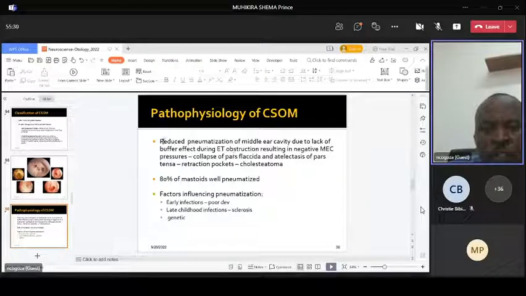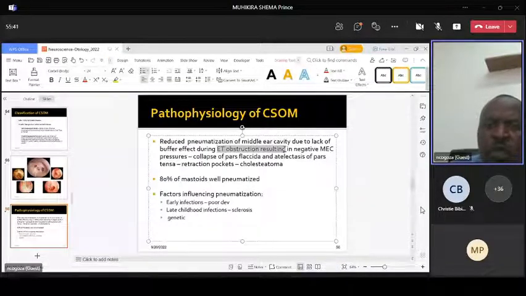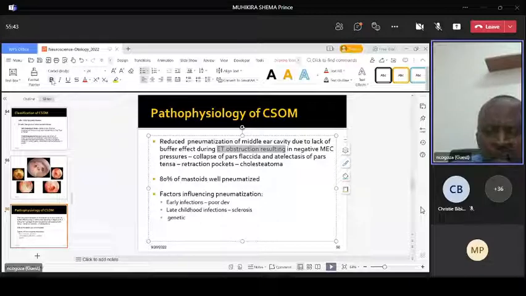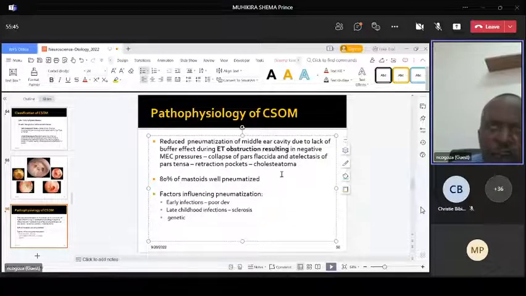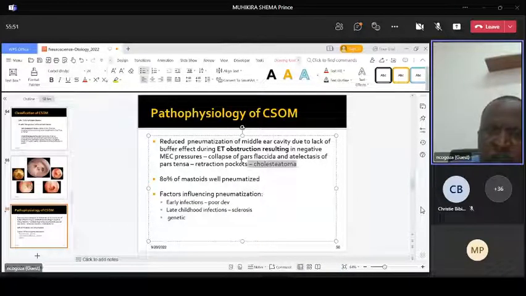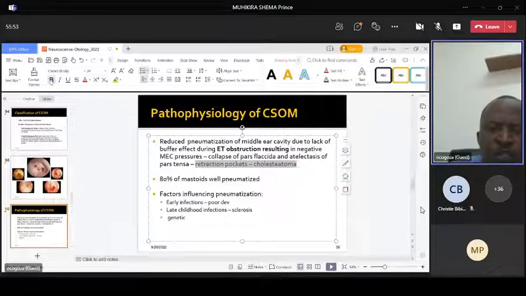So the pathophysiology is Eustachian tube dysfunction. Just keep in mind that there is Eustachian tube dysfunction leading to accumulation of fluid in the middle ear, infection of the middle ear, perforation and persisting perforation. And most of the time we say that this is due to retraction pockets.